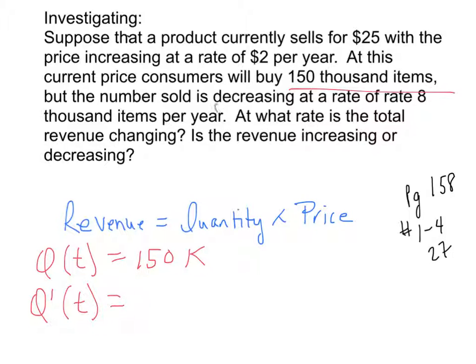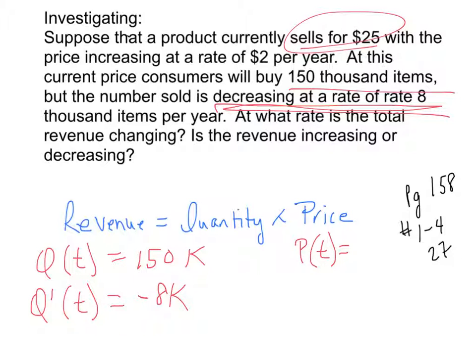That change is a decreasing rate of 8,000, so we're going to put a minus 8K. Now we have to deal with our price. Our price right now is $25, and it's increasing at a rate of $2, so our change here is a positive 2.